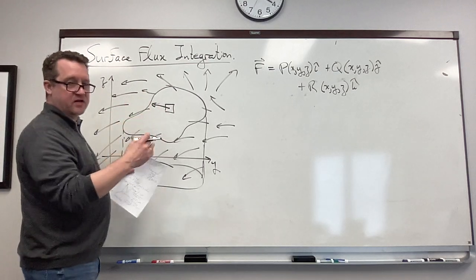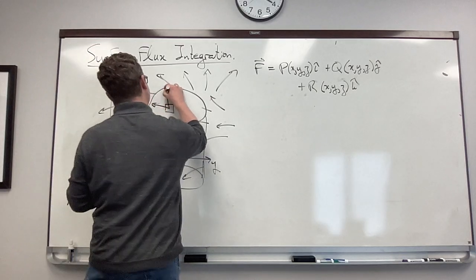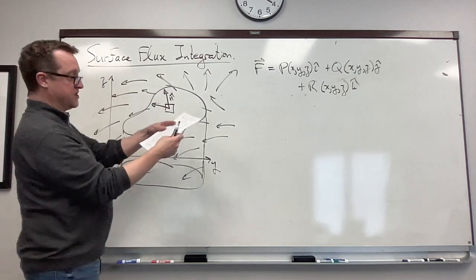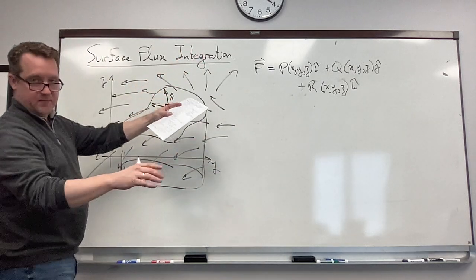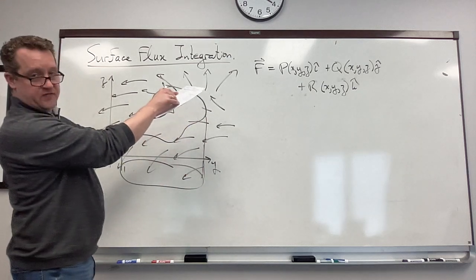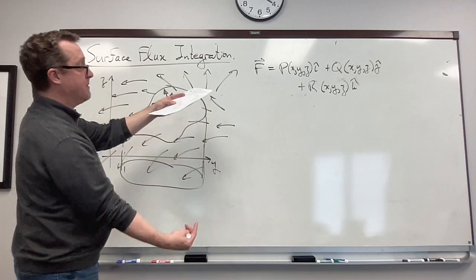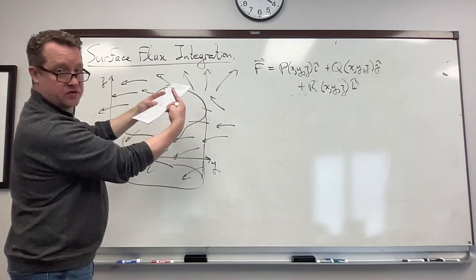What component of the vector field is parallel to the normal of the surface? If this defines my surface normal, and this is my net, I've got some total vector field in space and a perpendicular vector to my surface. So I want to ask how much of this vector flow field is coming straight through the surface, not along the surface, but straight through the surface.